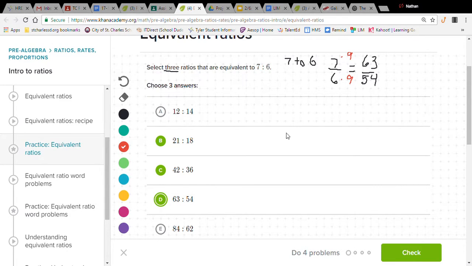So those are equivalent. Multiply the numerator by the same thing that I multiplied the denominator, and I get an equivalent ratio. So since it says select 3 ratios that are equivalent, I've already found my 3. So I can check my answer. I'm all done.